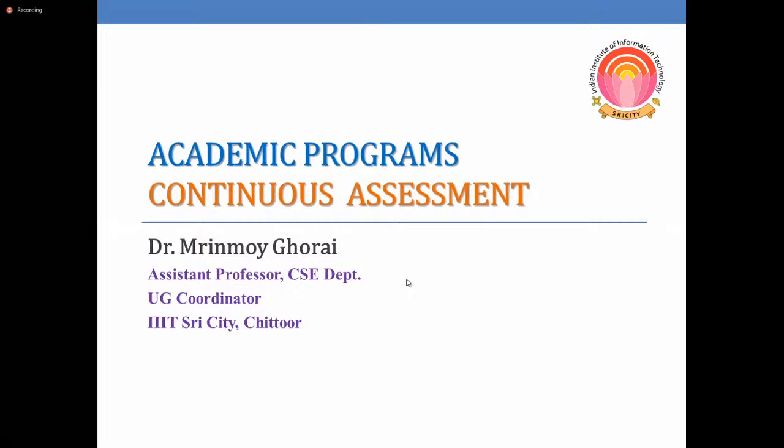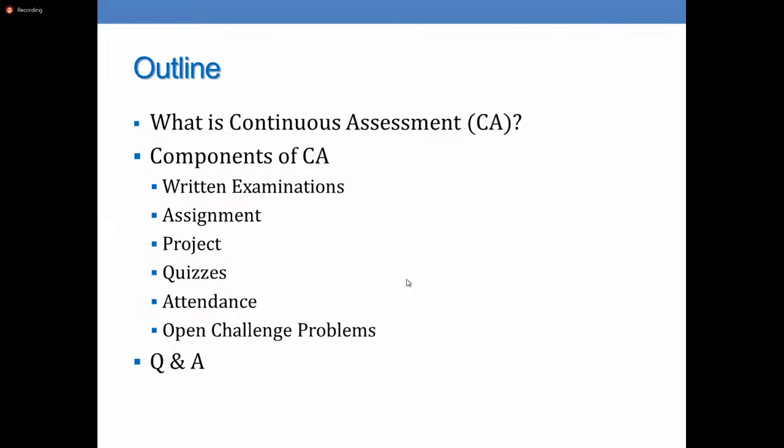I'm also one of the UG coordinators. So today, I will discuss a little about the continuous assessment part. Earlier you have seen from Dr. Rajendra sir and Dr. Raja Prasad sir the different components of course, academic programs, timetables, everything. So here I will discuss a little bit about continuous assessment.